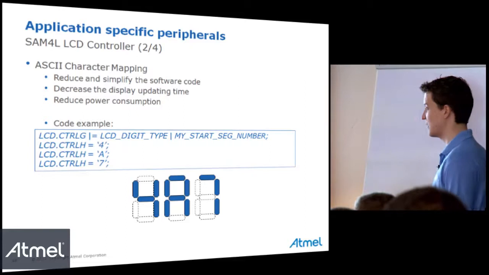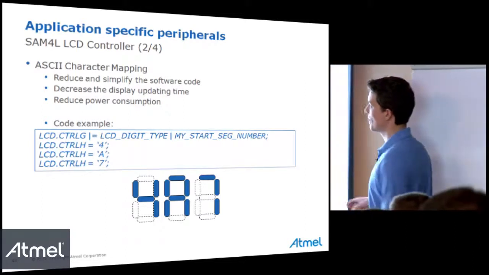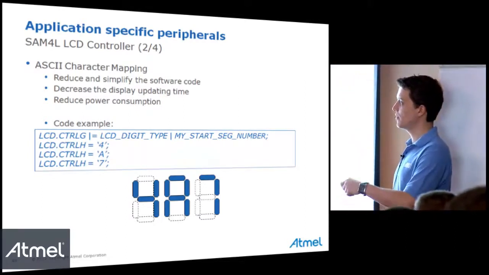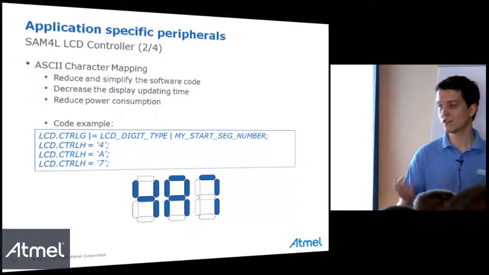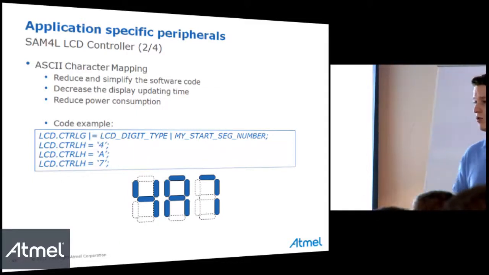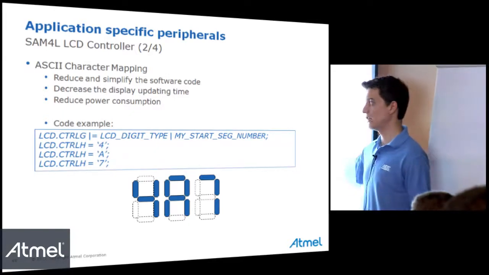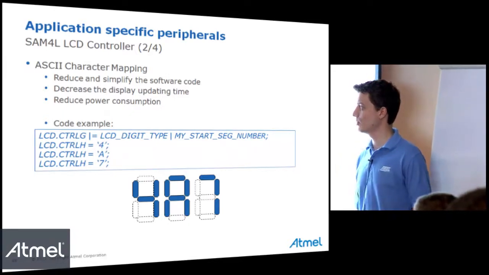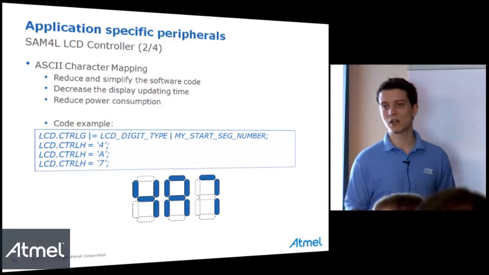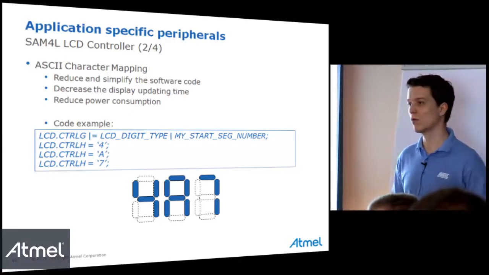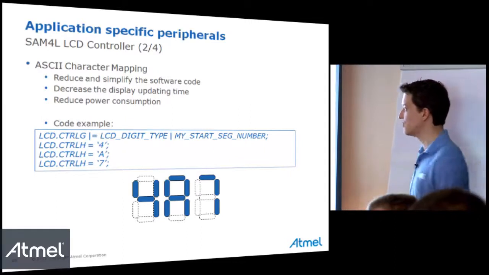Everything is managed at LCD level. It will also decrease the display update time, so you will have less software to display any ASCII character. And it will also reduce power consumption because you will be able to go back to sleep mode or low power mode in an efficient way.